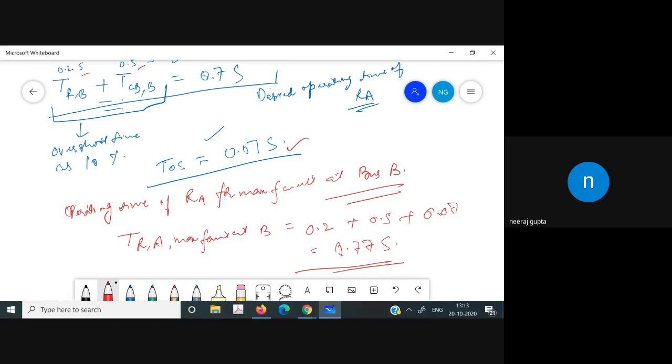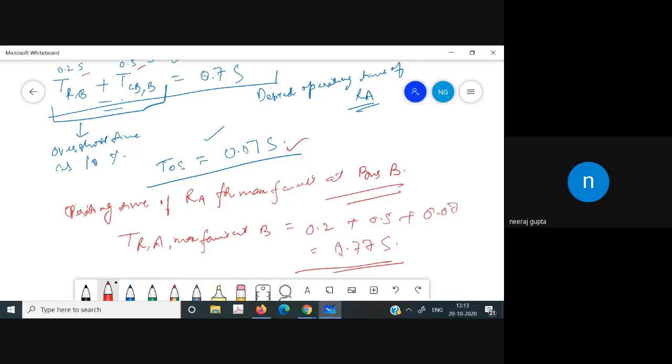So this is the operating time for A for the maximum fault at B, since we have assumed the maximum fault current in this case.